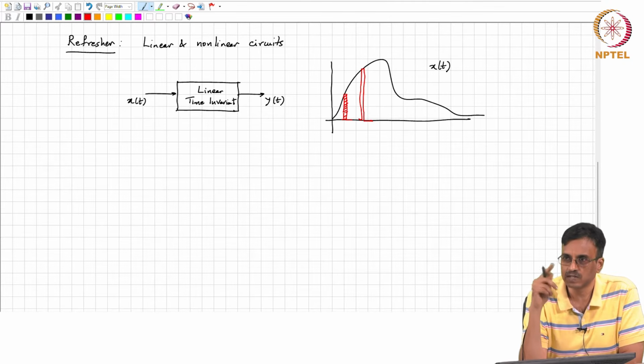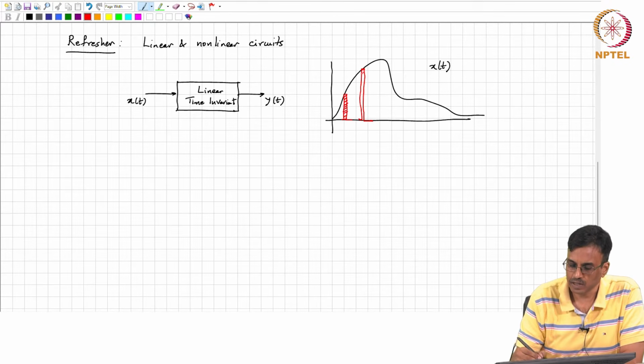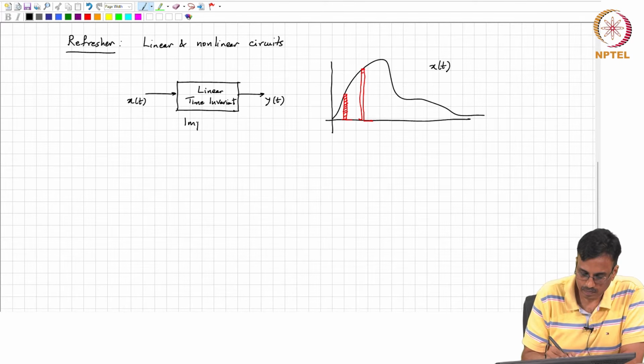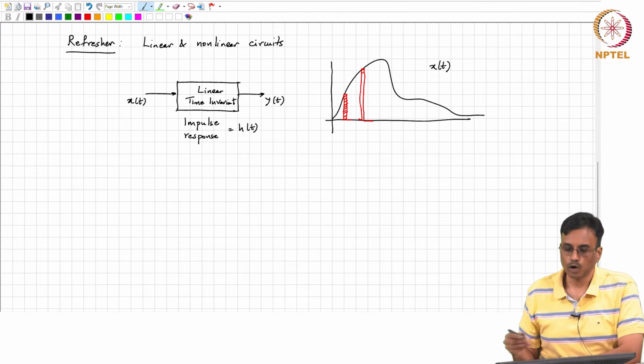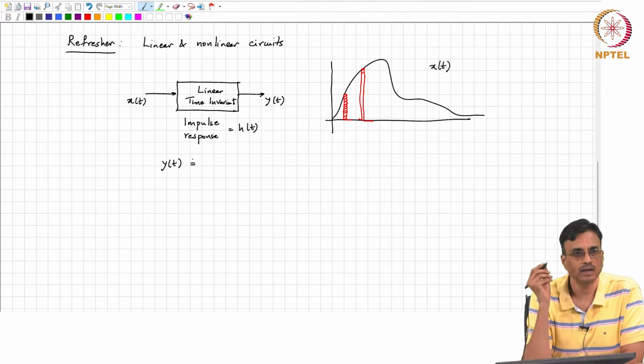And because the system is time invariant, if you delay the input, the output is also going to get delayed by the same amount. So basically, if you know the response of the system to an impulse, the output is simply seen to be given by, how will you find the output?